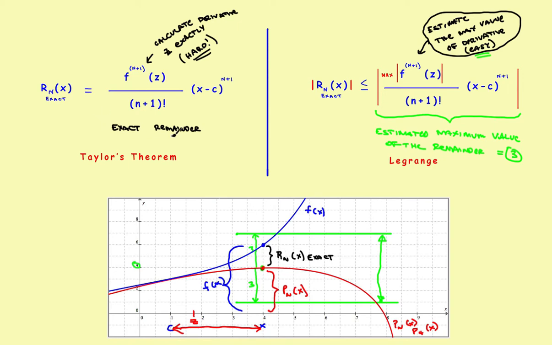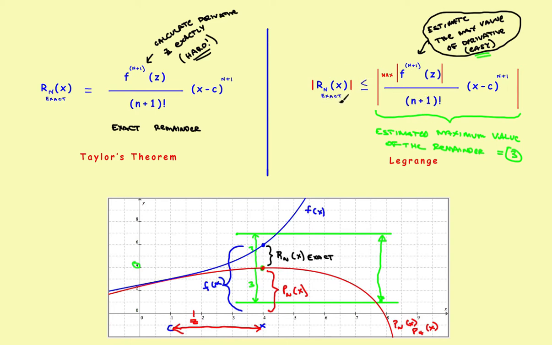The exact remainder is this black distance. And notice, the black distance is the exact remainder. This green distance is the Lagrange remainder, and look what the formula says up here. It says that the exact remainder has to be less than or equal to the Lagrange remainder.